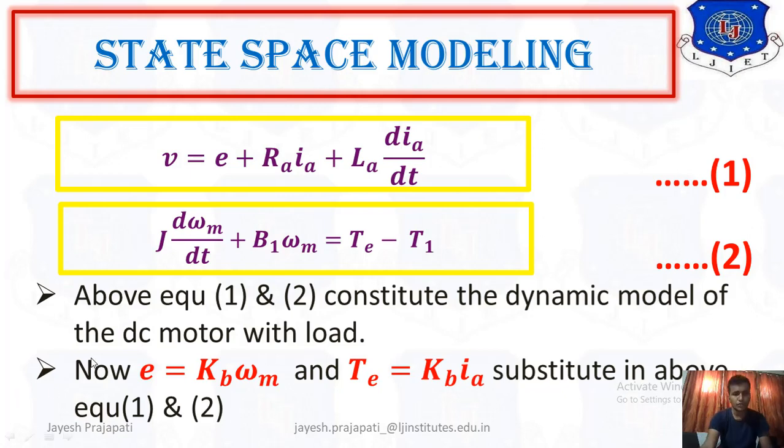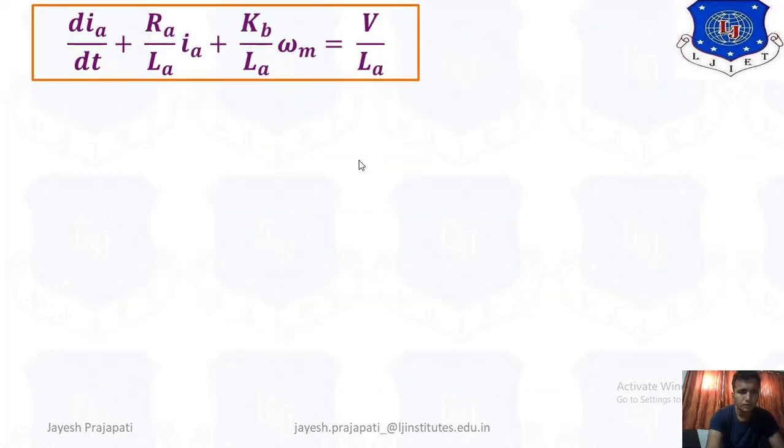Then the equation is like this: dia by dt plus Ra divided by La into Ia plus Kb into omega m divided by La is equal to V divided by La.